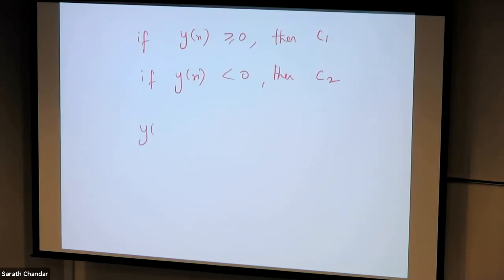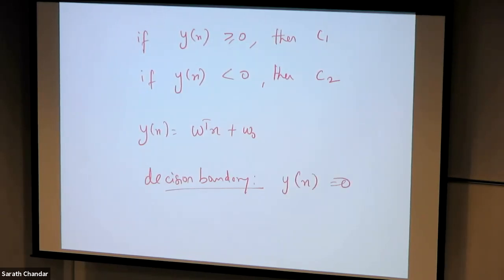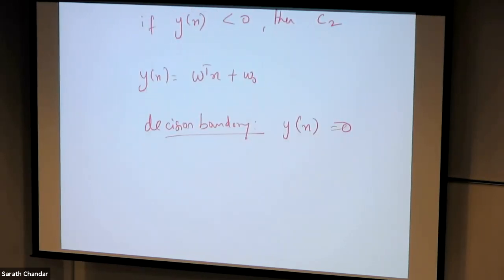Now, can someone tell me what is the decision boundary for this discriminant model? So my model is y of x is equal to w transpose x plus w0. What would be the equation of the decision boundary? Y of x is 0. Y of x is equal to 0, right? So my decision boundary is going to be y of x is equal to 0. In this case, w0 can be considered as a threshold.